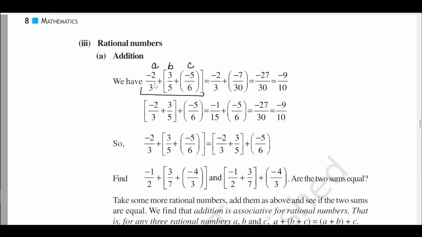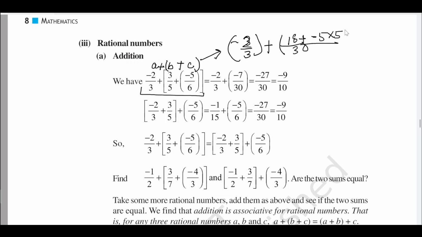So this is going to be, we have associated B plus C. Okay, so its result, if we're trying to solve, minus 2 by 3, plus, we'll solve the inside bracket, it is going to be 18 plus minus 25, minus 25.